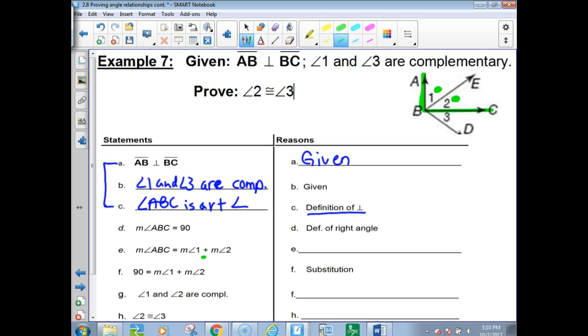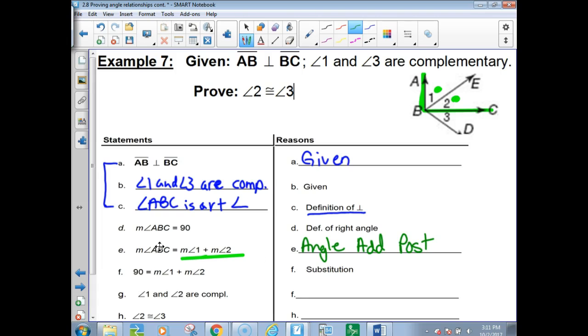You're adding two angles to get a bigger angle. What are you doing with the angles? Addition postulate. Just like segment addition postulate, if you add two angles, you're doing angle addition postulate.